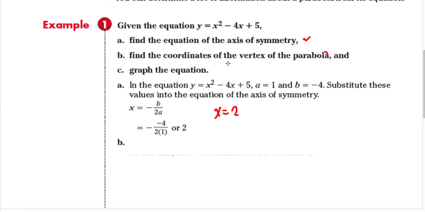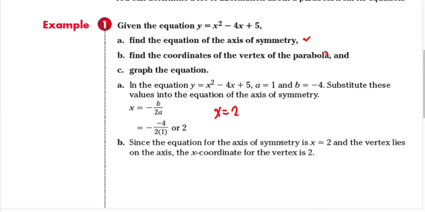Now let's find the coordinates of the vertex of the parabola. Since the equation for the axis of symmetry is x equals 2 and the vertex lies on the axis, the x-coordinate for the vertex is 2. In y equals x squared minus 4x plus 5, we substitute 2 for our x.